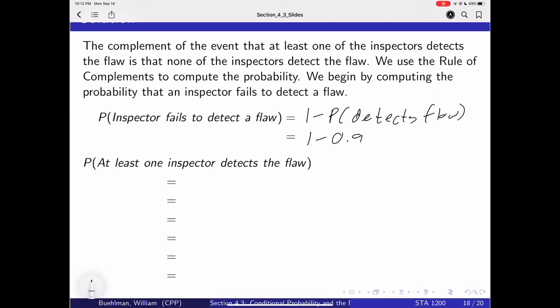That was the probability that they detect a flaw, which is 0.1. So that is the probability that an inspector fails to detect a flaw. The probability that at least one inspector detects the flaw is equal to 1 minus the probability that none detect the flaw.